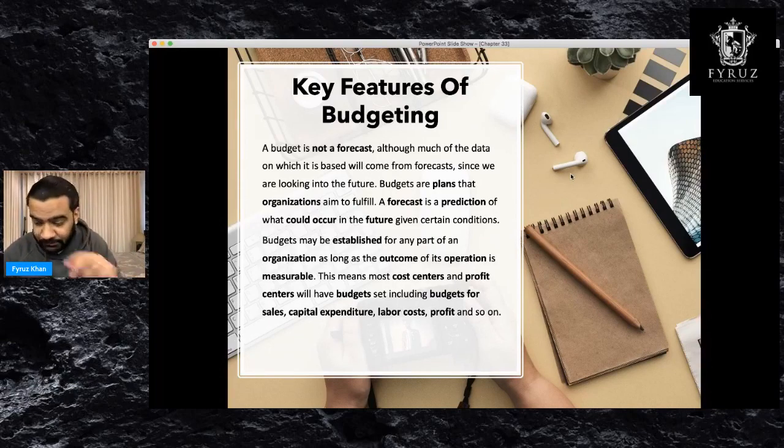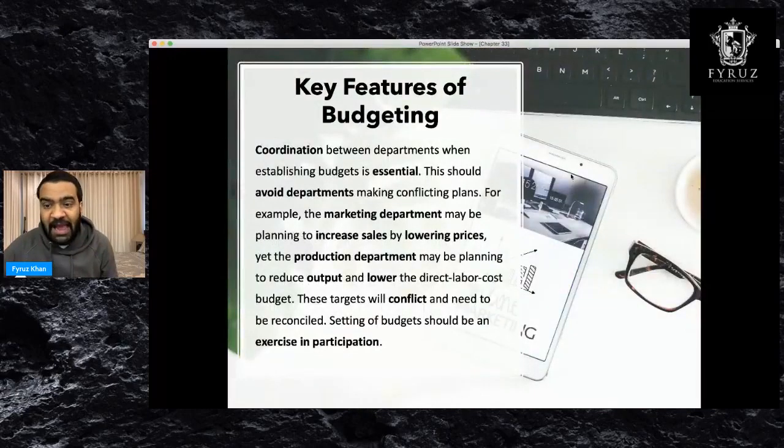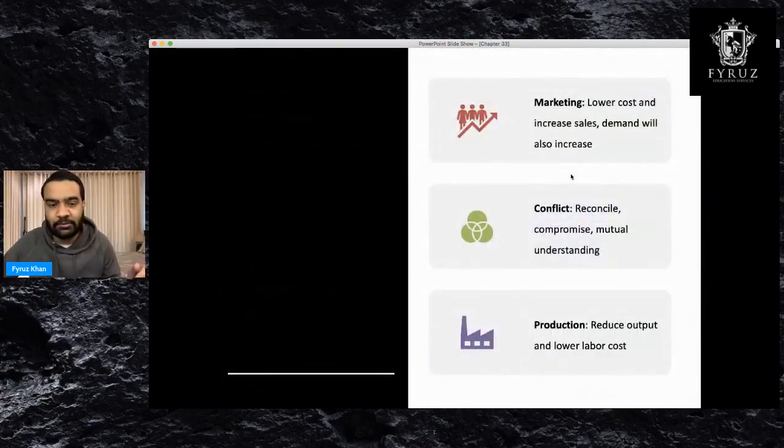Okay, there we go. And coordination between departments is so essential, so important. Think about, let's say, the marketing department of a business wants to lower the cost and increase sales, which means you want to lower the price of this phone.